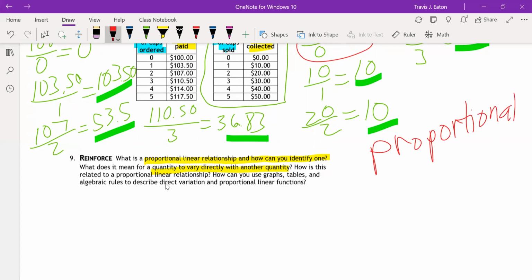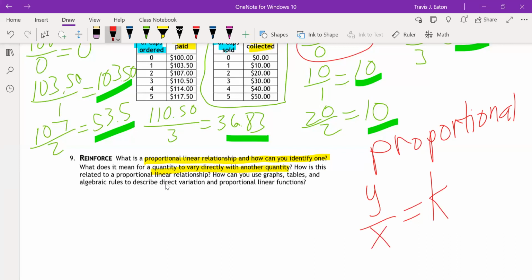And that's because when we divide, with the exception of the 0, when we divide our y by our x, every time we will get a constant, and I'll use a k, we will get a constant number every time. All right?